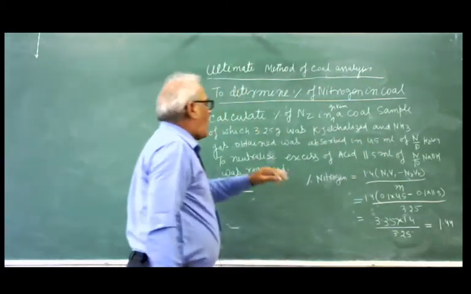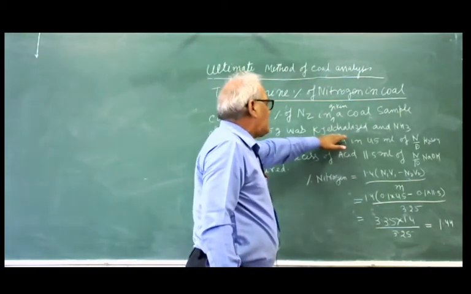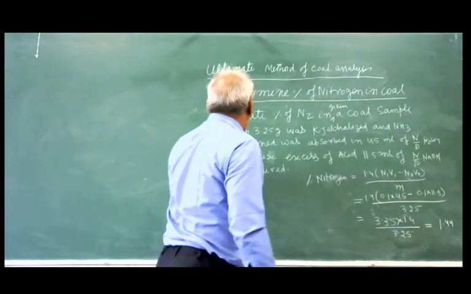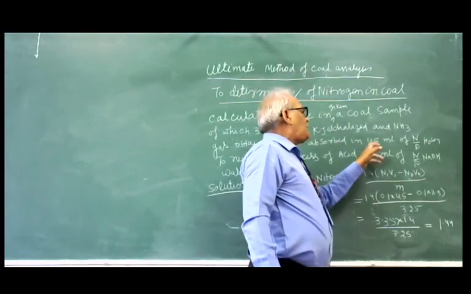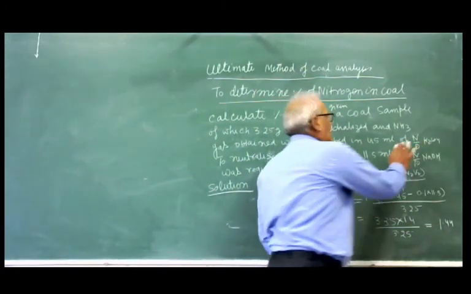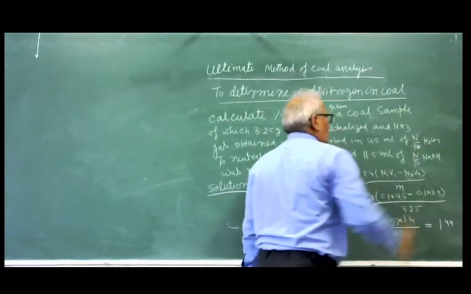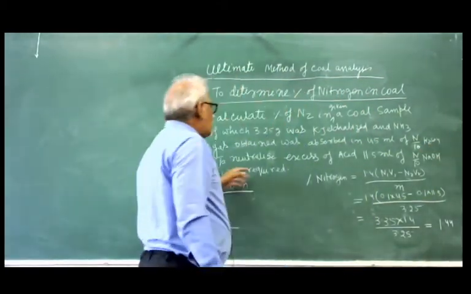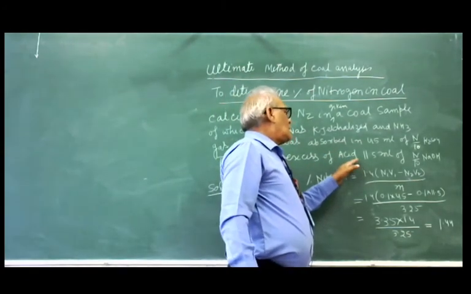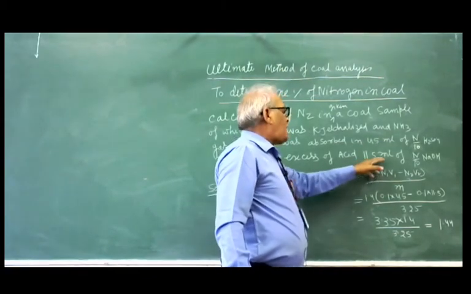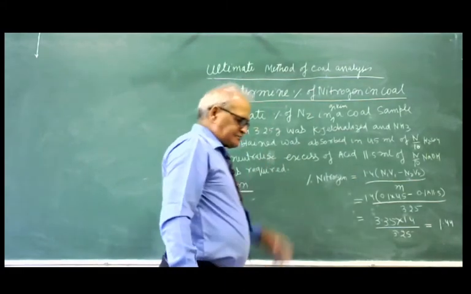So this much amount of the coal was digested. The ammonia gas formed was absorbed in 45 ml of N by 10 H2SO4. This is the N by 10 strength of the sulfuric acid. To neutralize the excess of the acid, 11.5 ml of the N by 10 NaOH was required.